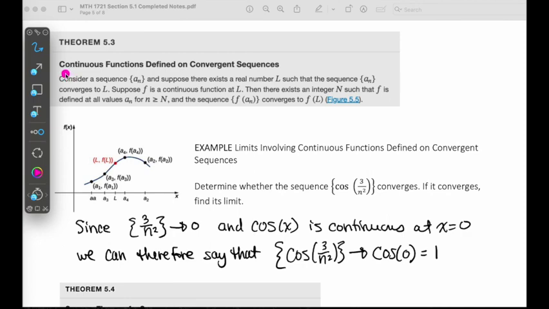So in this next theorem, we're going to talk about continuous functions defined over convergent sequences.